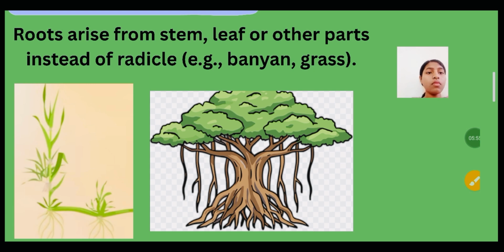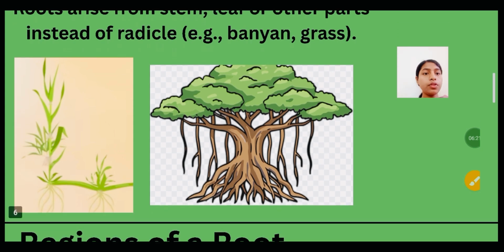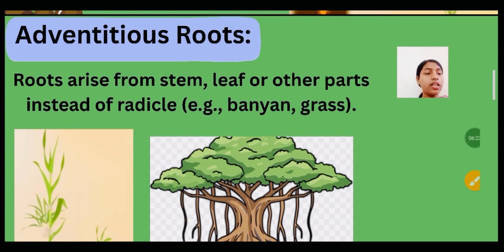These are the adventitious roots. See these hanging roots of banyan, they are adventitious roots. They may grow from stem or leaf. The roots grow randomly. Okay, so this is the adventitious root.